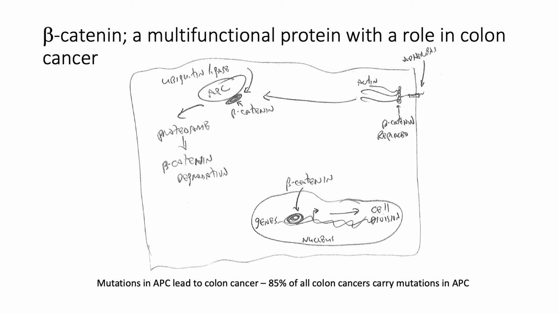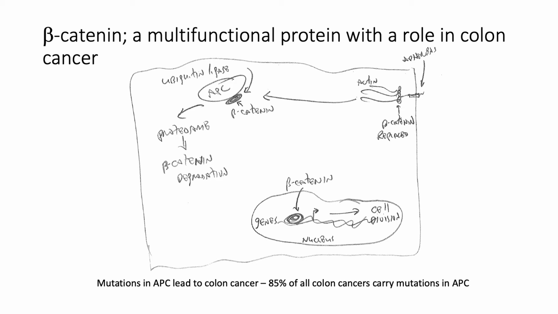And the way they get turned over, this is basically what I told you when we talked about the post-translational modification and the degradation through the proteasome. What happens is the beta-catenin gets fed into the proteasome. It first interacts with a protein called APC.